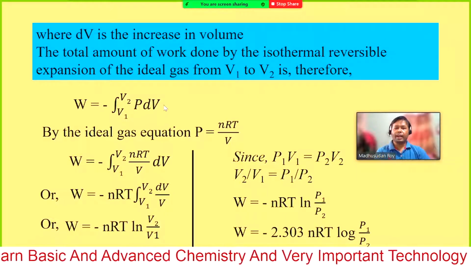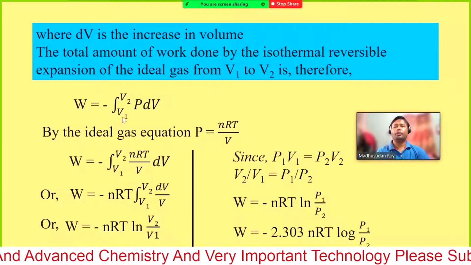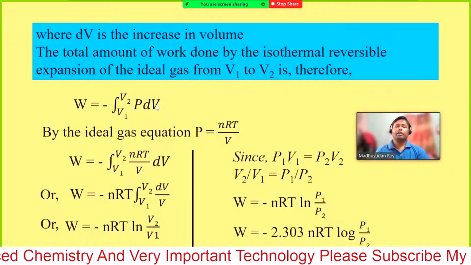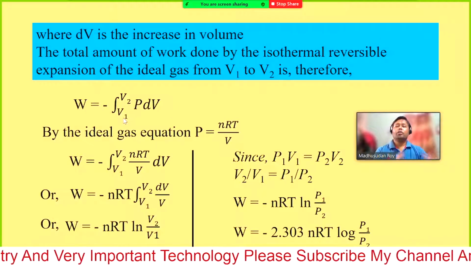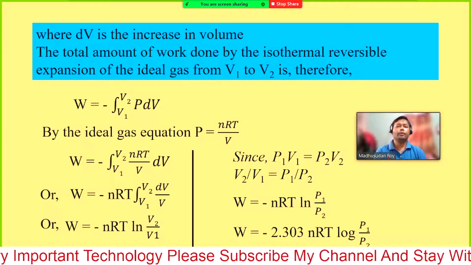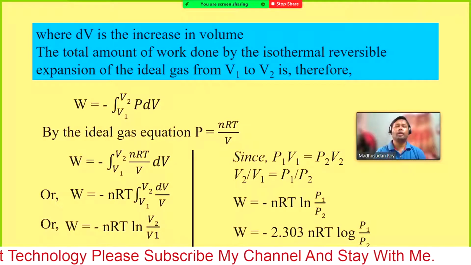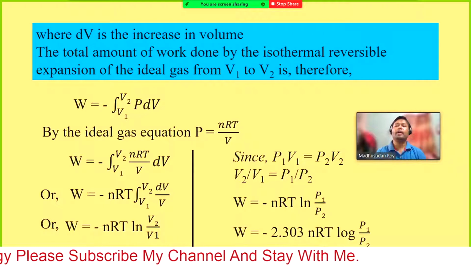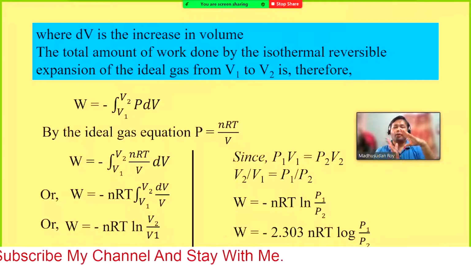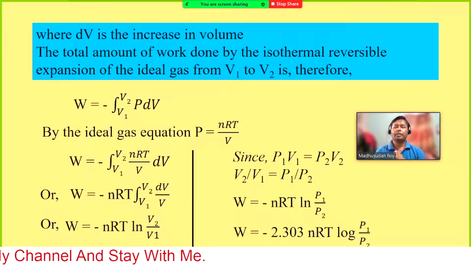This is our function and this is our limit over the function. Always, if you need to find out the total work done, then you need to do the integration from where to where we are doing the change.